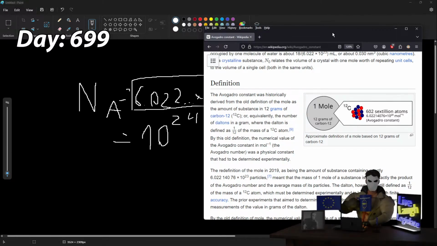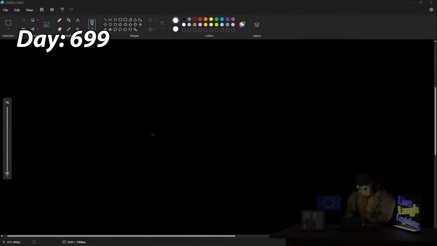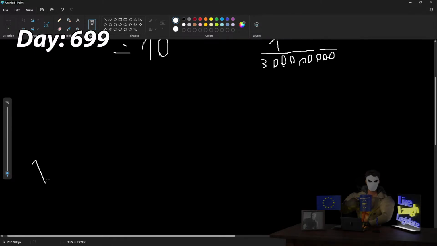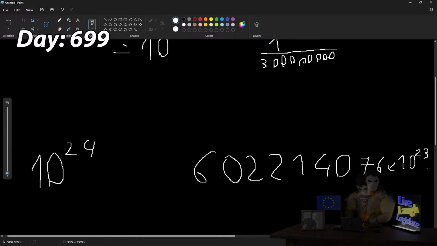I feel like 10 would make more sense for the maximum. 10 to the 24. Basically, here's the thing. Since it's all convention, you can just recreate it at any point. So the two choices we have are 10 to the 24th power, or alternatively, 6.022140076 times 10 to the 23rd.